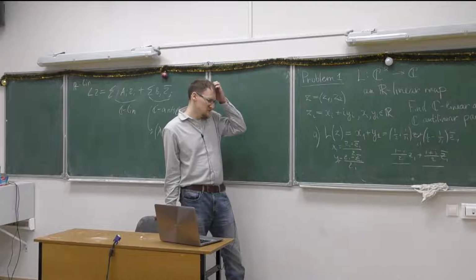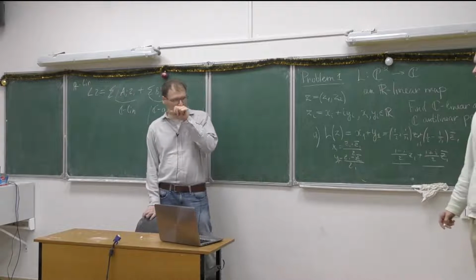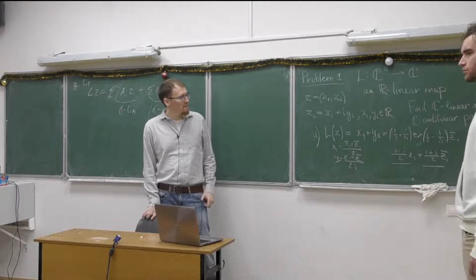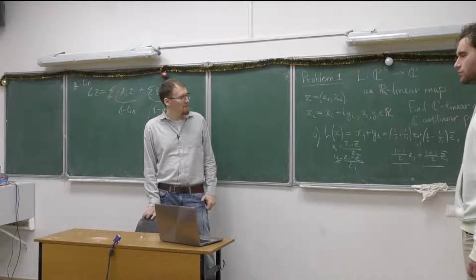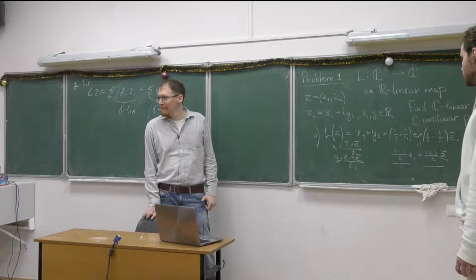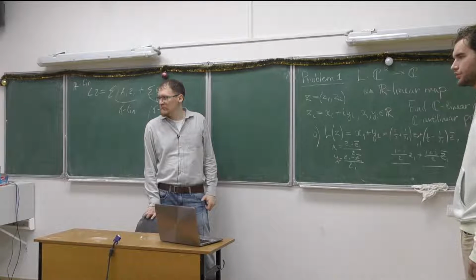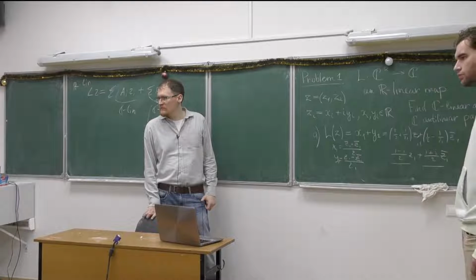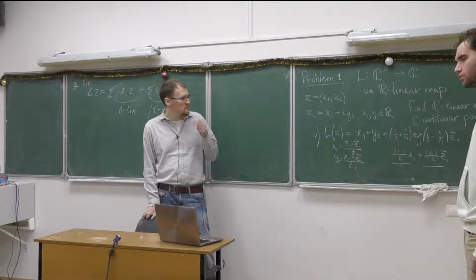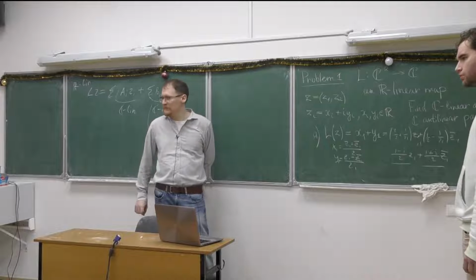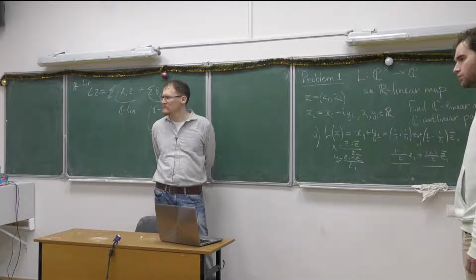Okay, I have a general question. Your operator is defined on C2, but in fact it is R valued. So it maps into the real numbers. Is it a general fact that for any linear operator which takes real values, its C linear and C antilinear parts are complex conjugated?